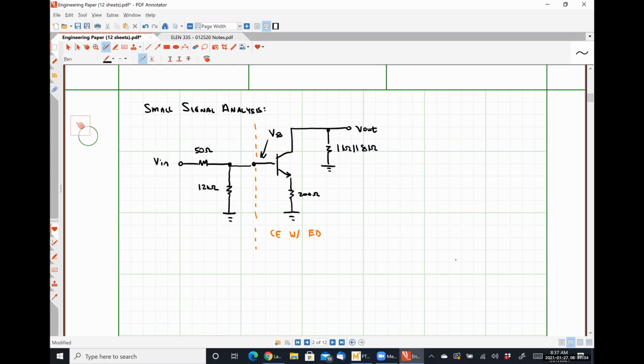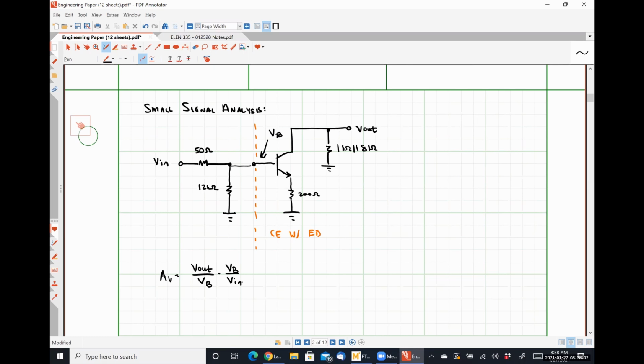And I'm going to say that my voltage gain is simply V out divided by VB multiplied by VB divided by Vn. Just breaking it up into two discrete stages that we can easily analyze, as opposed to looking at the whole picture all in one go, where it'll be all gnarly and ugly.